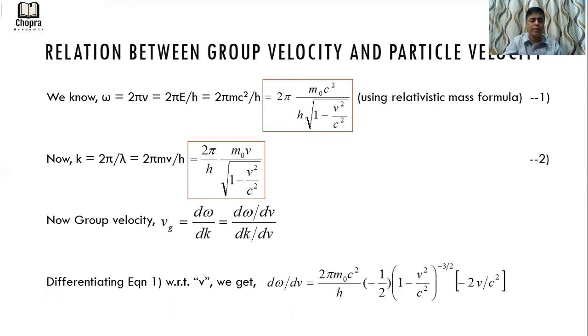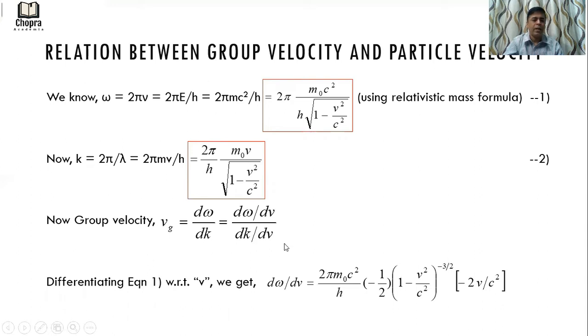Now in order to find group velocity, which is equal to d omega by dk, I can also write it as d omega by dv divided by dk by dv. So we will find the numerator and denominator separately from equations 1 and 2, and then we will get Vg by dividing these terms.